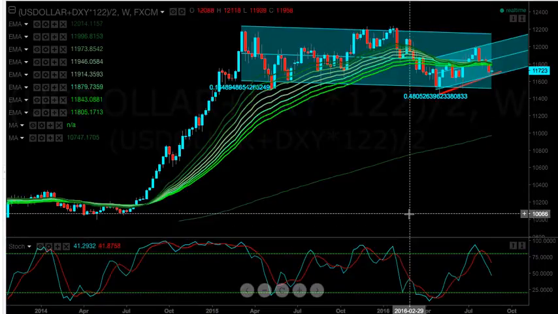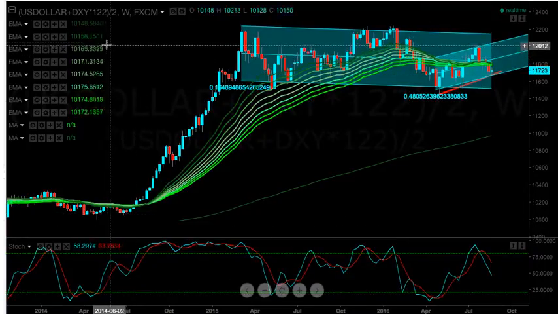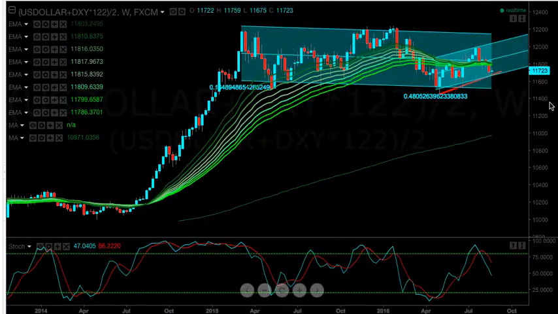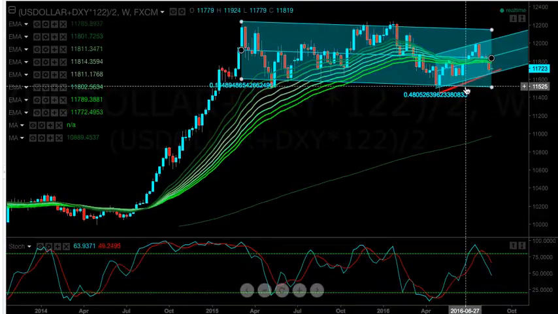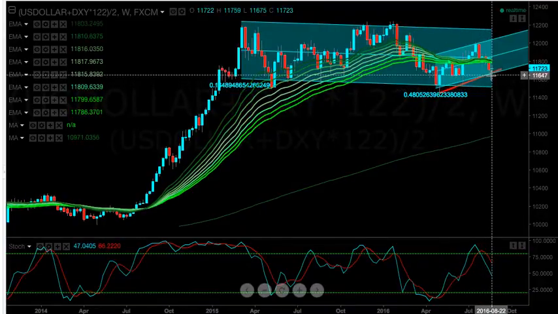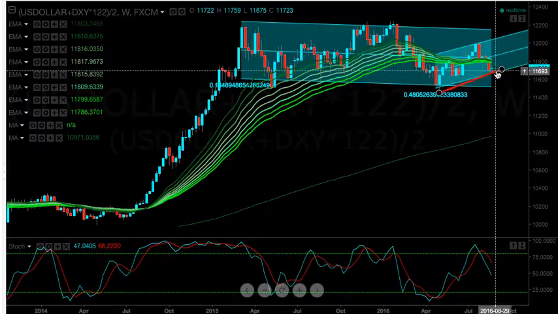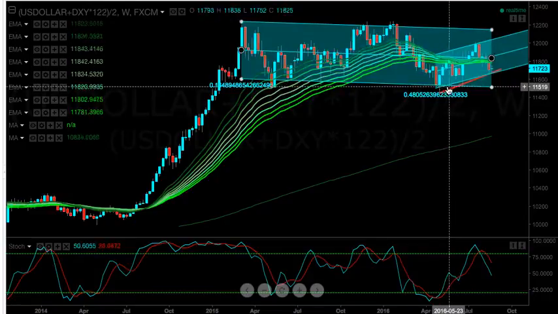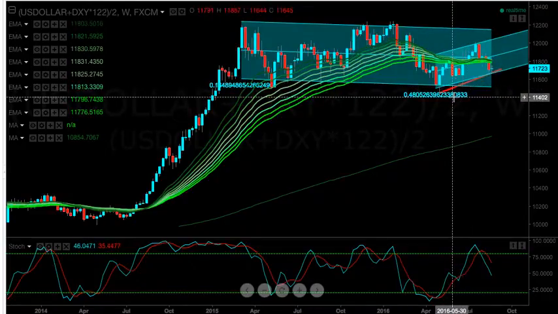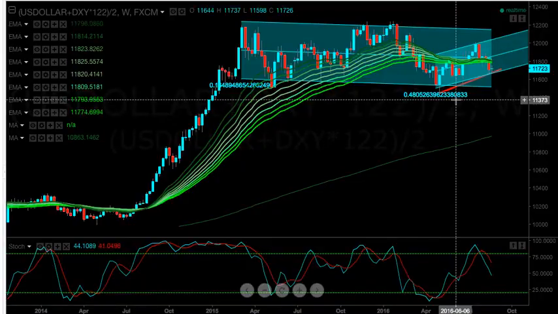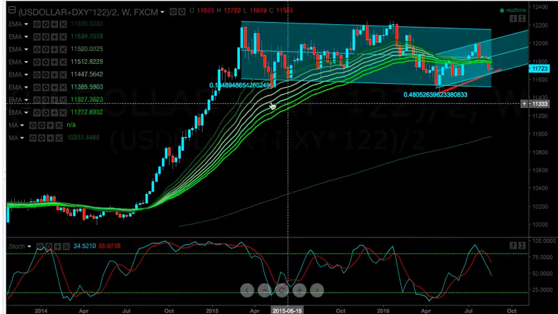This is a proprietary formula that one of my guys came up with, and you can see we're right at the bottom of the channel right now. So this is an area I want to see hold. If we can't hold it, then we probably go back to the May lows that we've been talking about quite a bit, both in the videos and in the room.